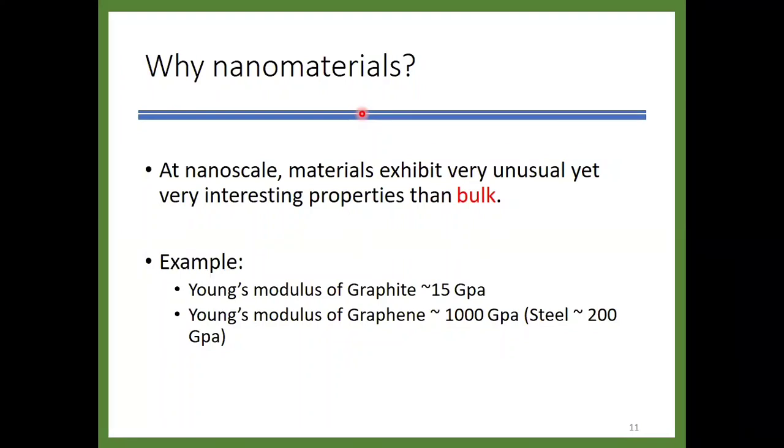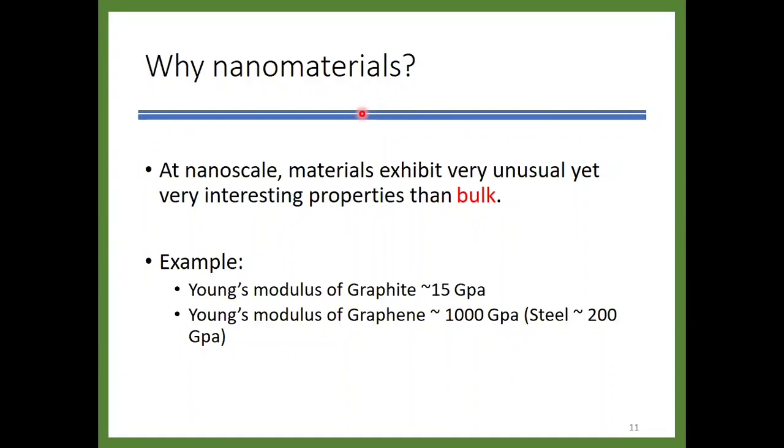It's a layered structure with hexagonally arranged carbon atoms, layer by layer. And if you can peel off just one layer of hexagonal carbon, we call it graphene.